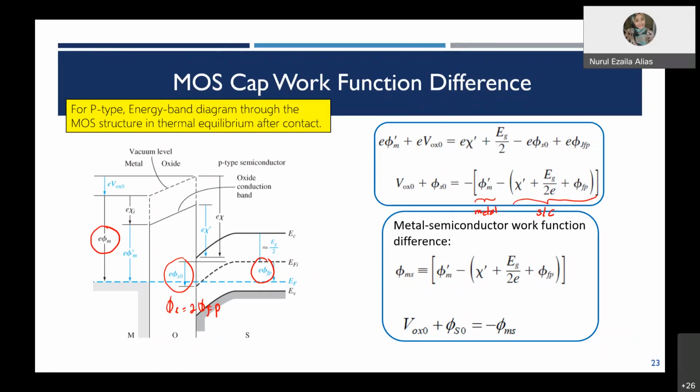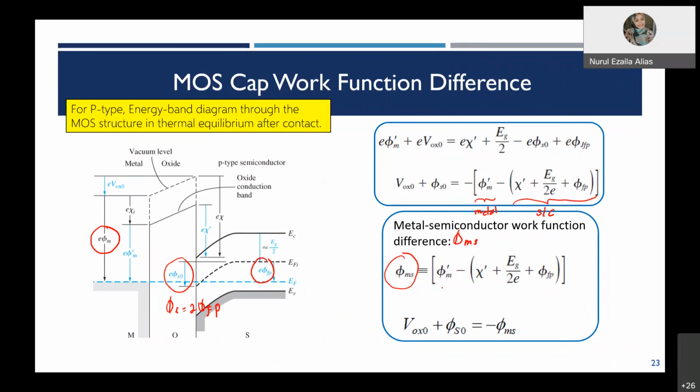For the semiconductor, the total will be chi plus energy gap over 2 plus 2 phi fp. Finally, after the derivation, there will be a new parameter phi ms.